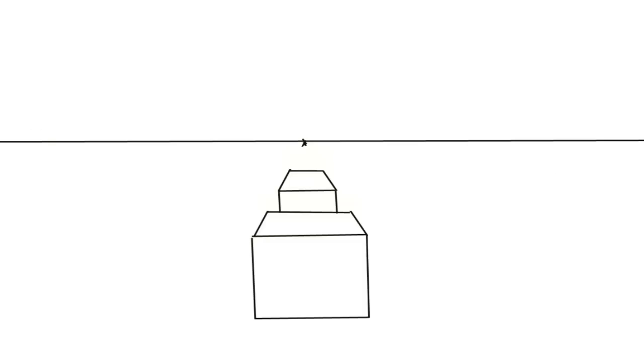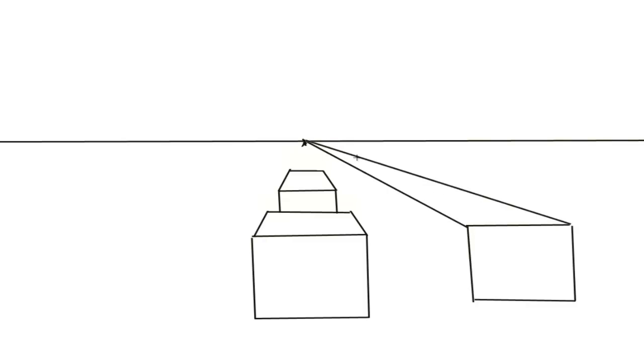If you have a box off to the side, you get to see 3 sides of it. So we'll just draw another box here. The lines will recede off to the vanishing point. And it kind of makes sense then, right?